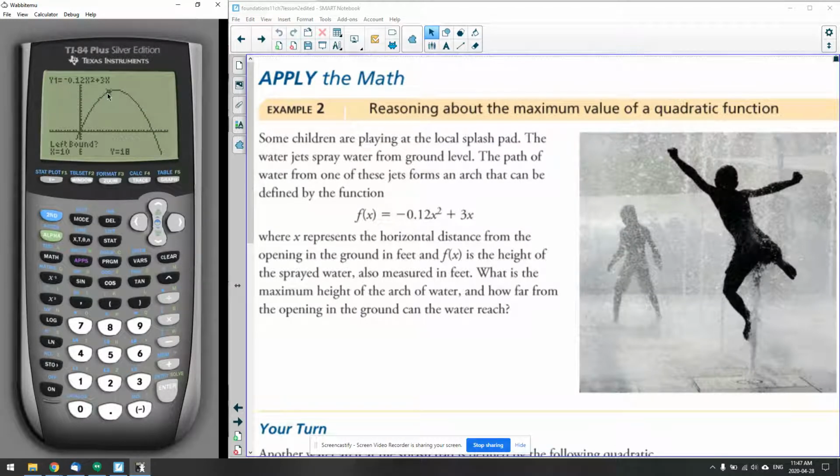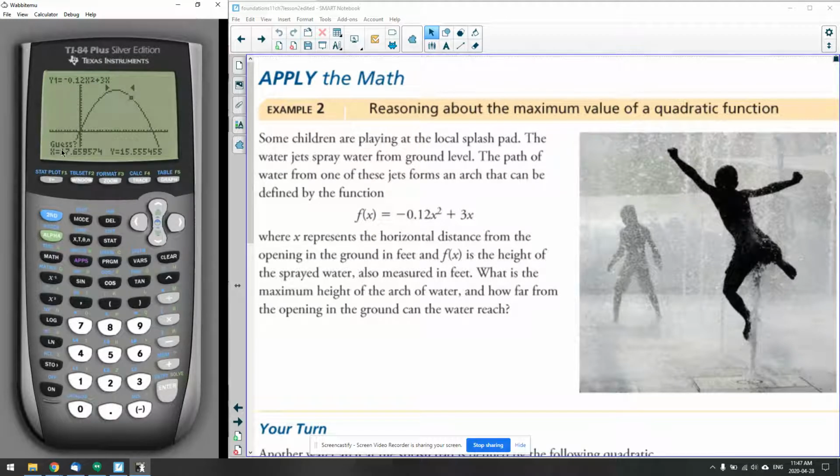So we want that little flashy thing to be on the left side of the maximum point that we're looking for. So in this case, it is, so we're going to hit enter. Now we want the right bound to be on the right side of our maximum value. Right now it's over here, so we have to move it over to the right. And that's more than plenty. So we hit enter.